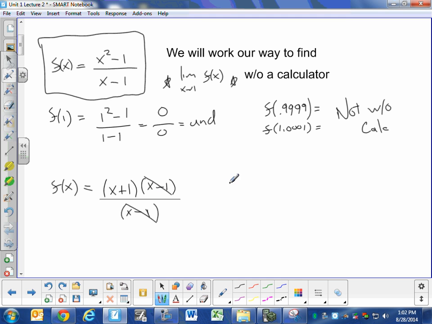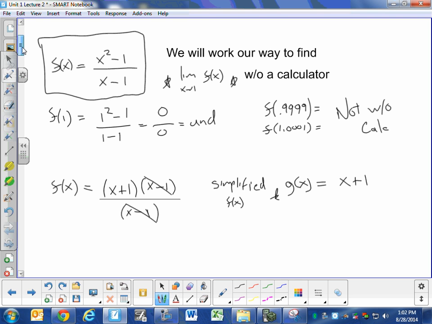So what's created is a simplified function. We'll call it a g of x. It doesn't matter what it's called. But g of x is a simplified f of x. And let's compare these two functions.